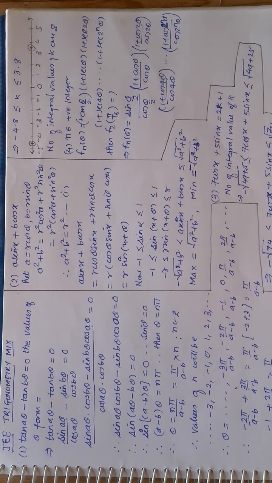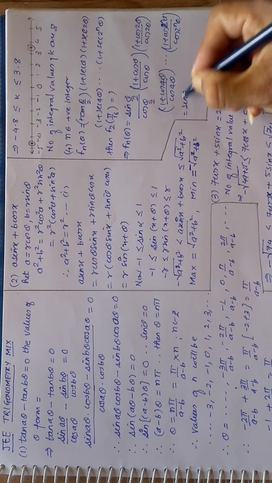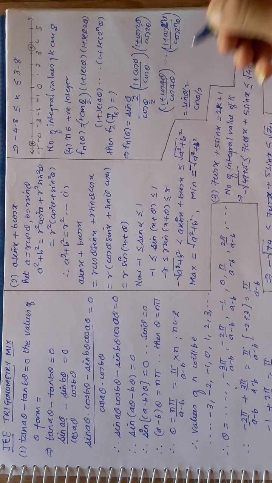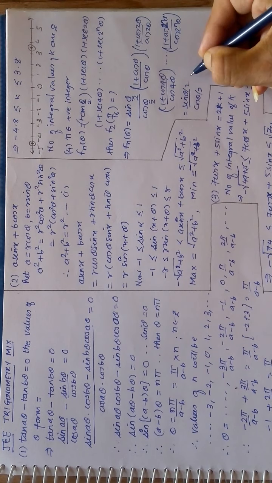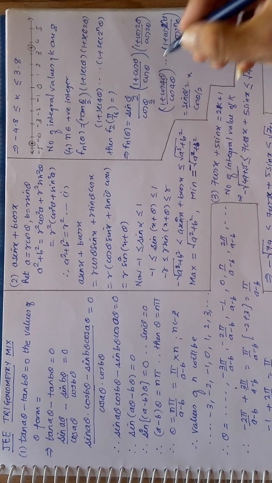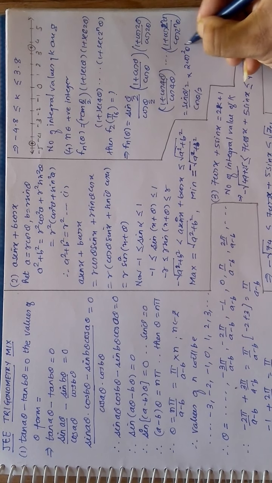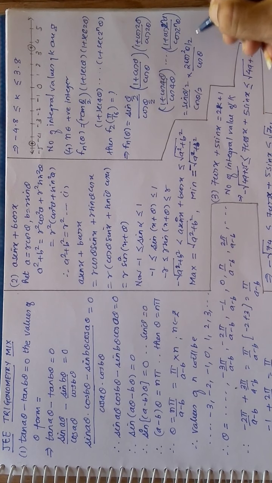Now further when I look at it, this is your sin(theta/2) by cos(theta/2) which is already there, and 1 plus cos theta is 2 cos square(theta/2) upon cos theta.